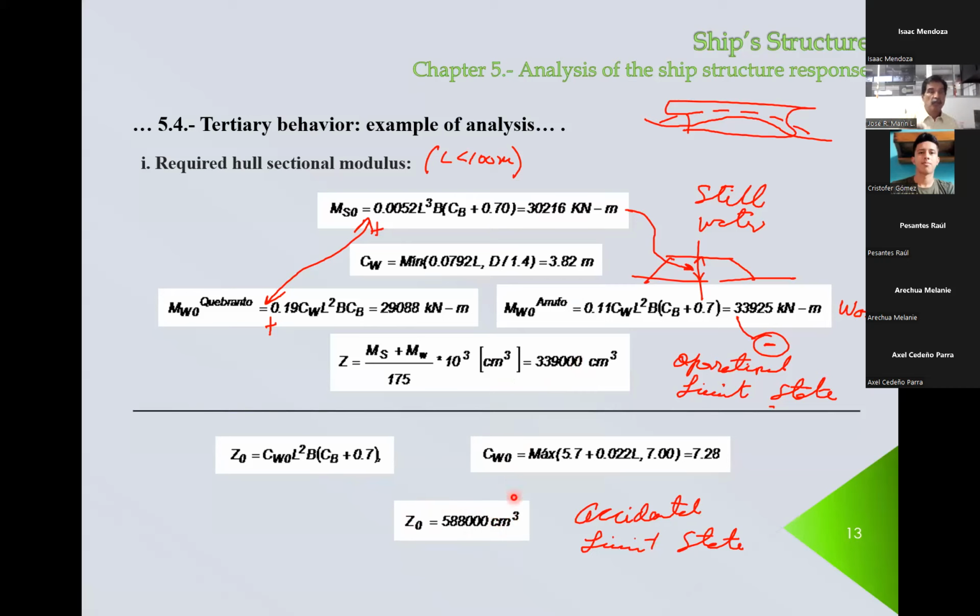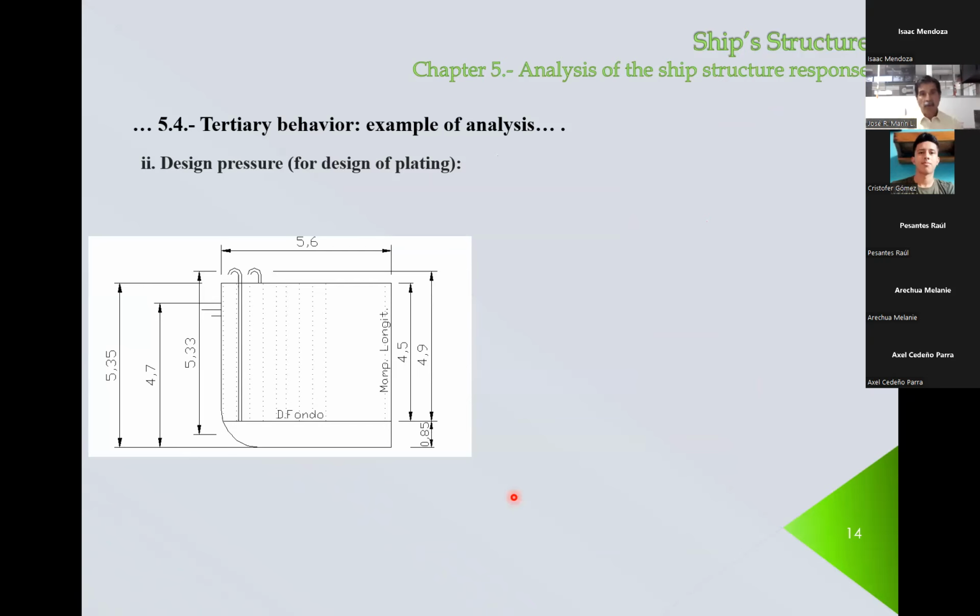To check this requirement, what we need is basically the thickness of the plating of the section. So we need to calculate the thickness on the deck, on the side, bulkhead, double bottom, and bottom. That's the next step. To calculate thicknesses, we need pressure.